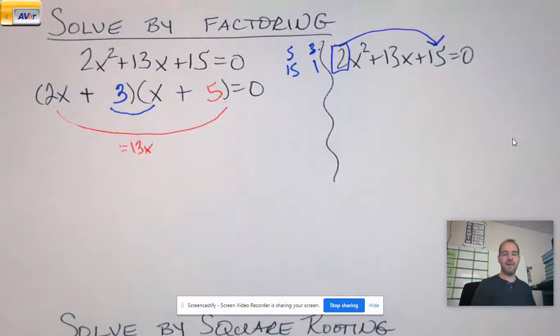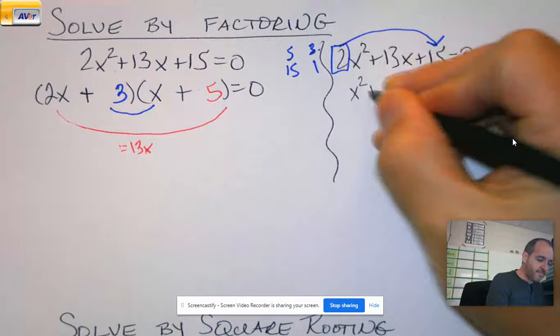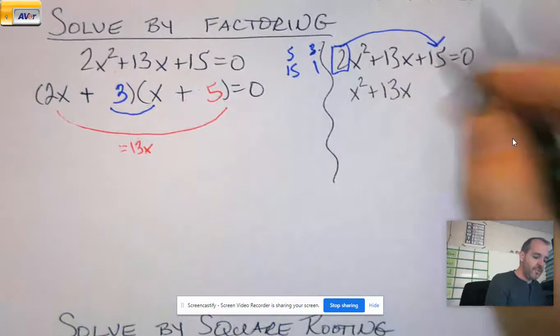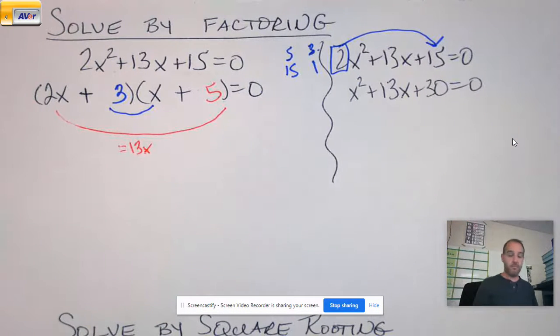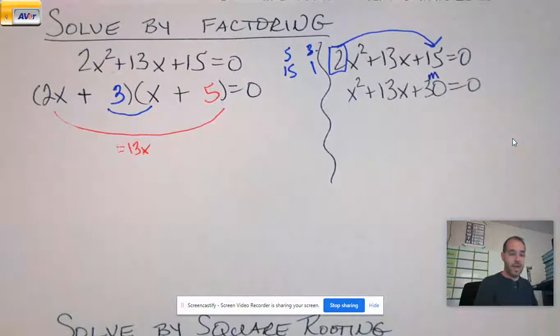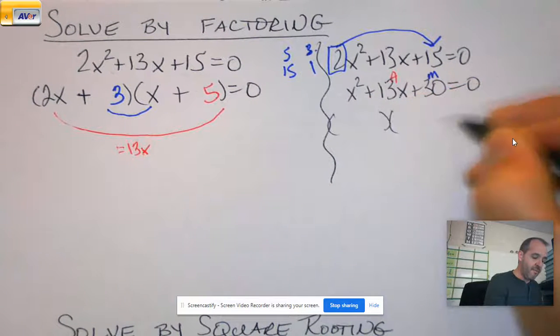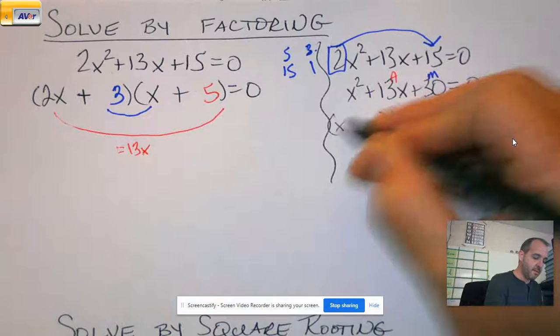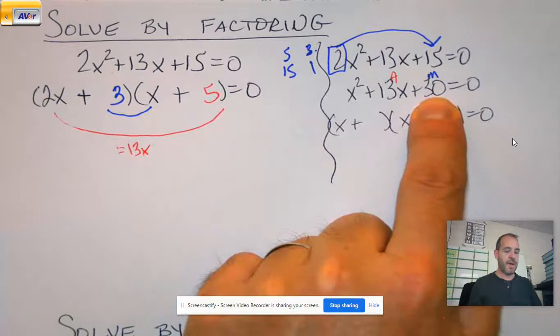So here I would slide my 2. 2 times 15 is 30, and now I would work it like a diamond problem instead. Multiply to get the number on the end, add to get the number in the middle. All the signs are the same, so I know I'm going to have pluses with both of my x's here. And now my chore becomes 2 numbers that multiply to 30 and add to 13.